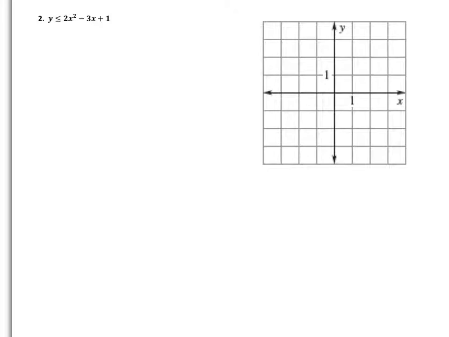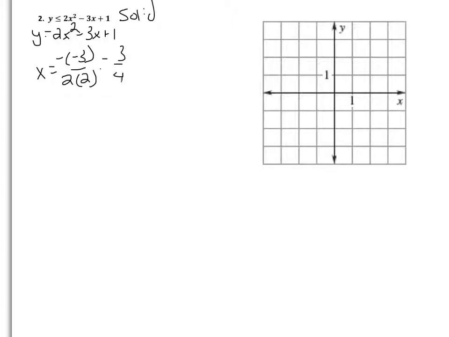Are we doing dashed or solid? This is going to be solid. Set it equal as the equation. Okay. X equals negative b divided by 2a. So 3/4.